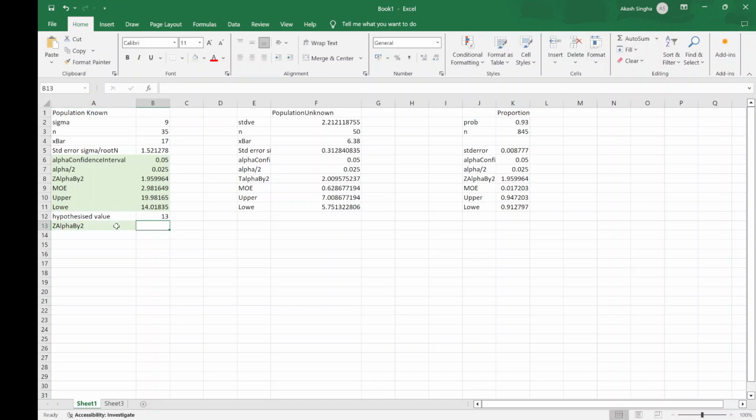Now the z value is x bar minus hypothesized value by the standard error. This is the z statistic. Now it's right hand. So right, left, two tailed.